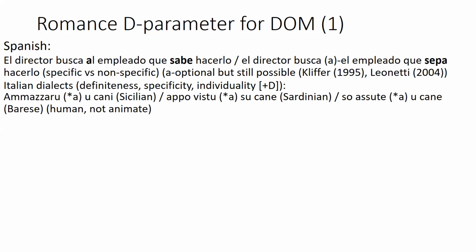You wouldn't use a when referring to these non-human animates. Whereas in Spanish, non-human animates like animals, etc., can be marked by a, even if they are marked less frequently than humans.